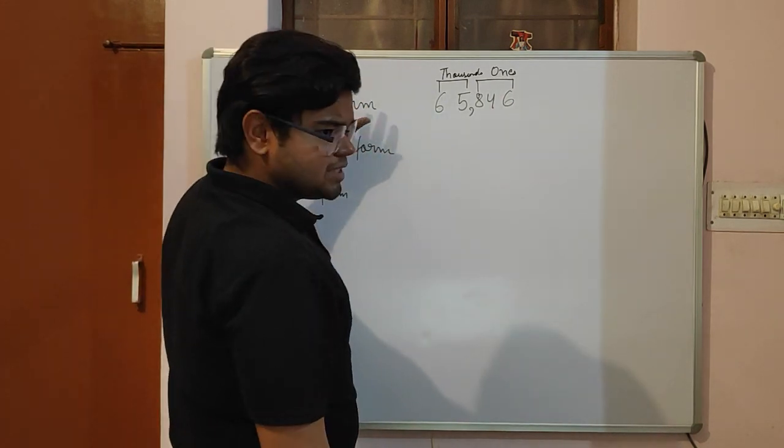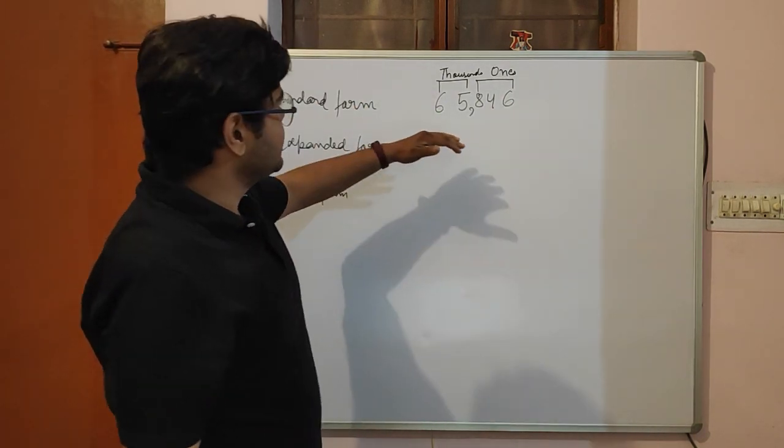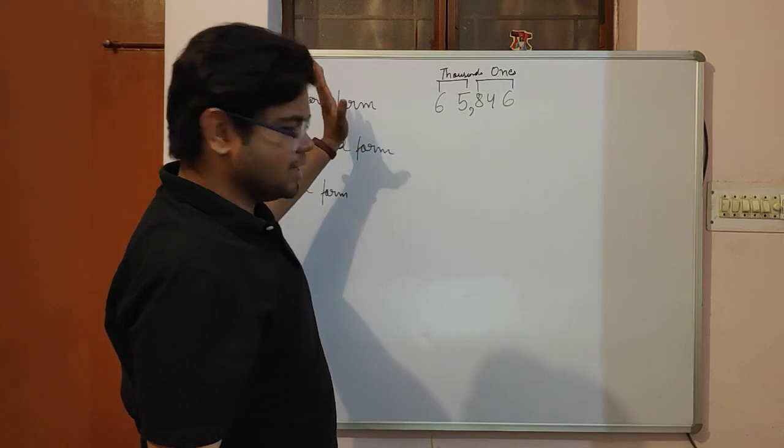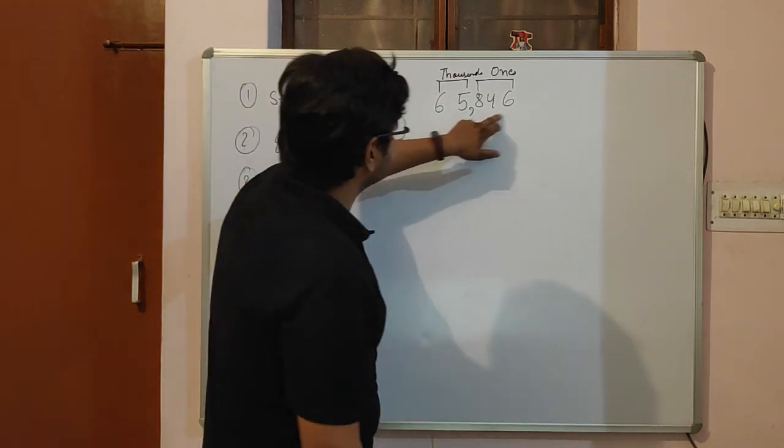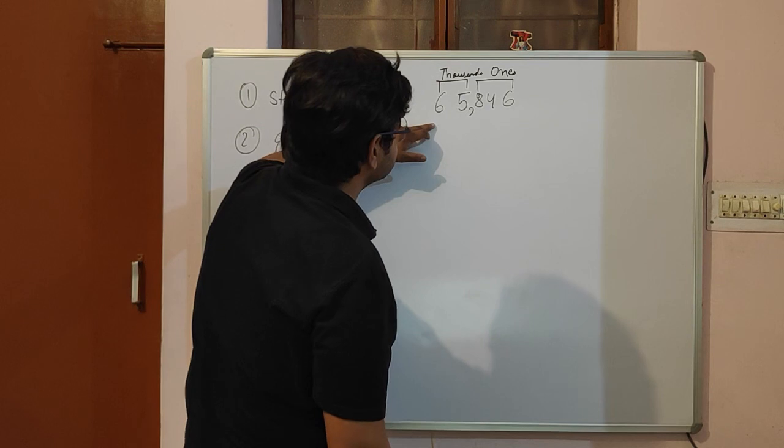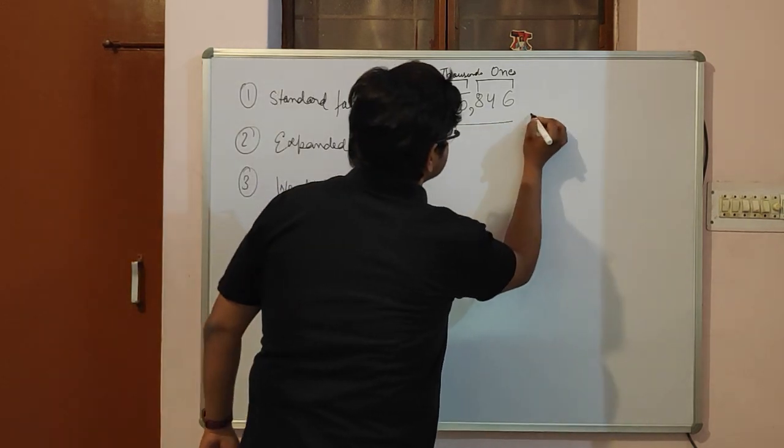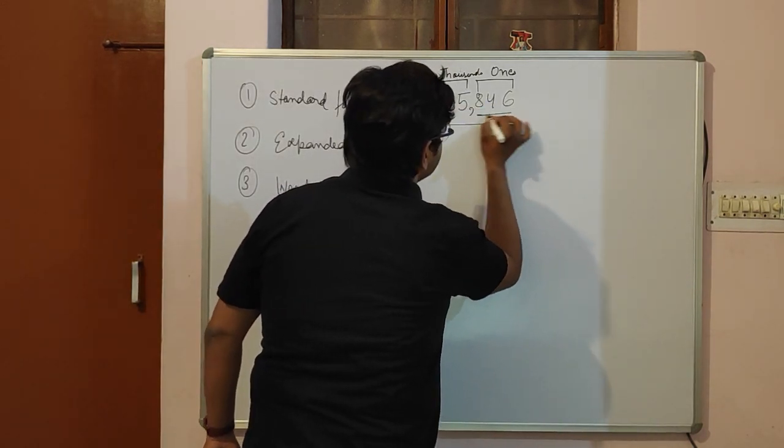As the number progresses, we'll look into the other groups later, but this group is called ones, this is called thousands. In general, we call these two periods.